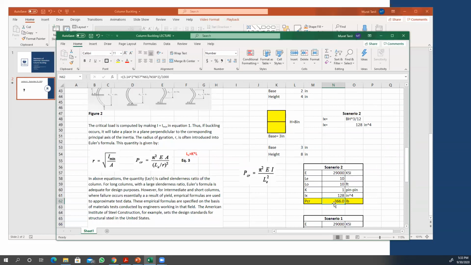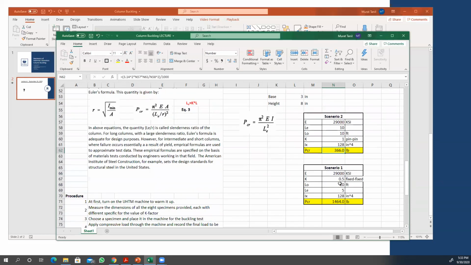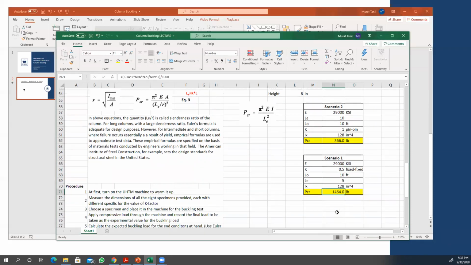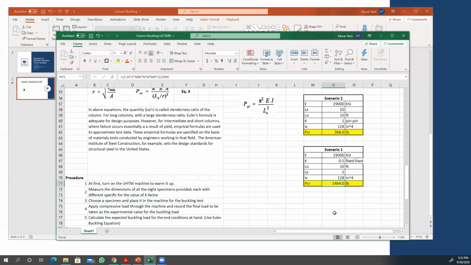And I learn how to optimize my section. I compare 2 different scenarios, and then I kept everything the same: modulus of elasticity, the length, and the cross-sectional dimensions. Everything is the same, but I start comparing the different connection types. If I make it fixed, I increase the capacity of my column. So in this case, it's going to be able to bear a load of 1,464 pounds as opposed to 366 pounds.